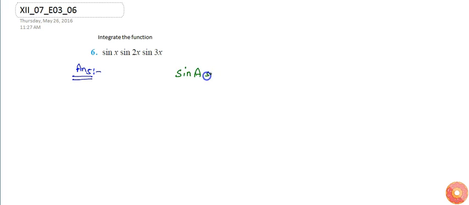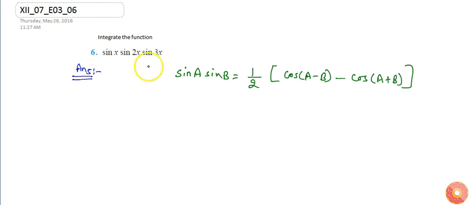sin A sin B equals 1 by 2 cos A minus B minus cos A plus B. So if I use the formula in the expression, let's take the first two terms.